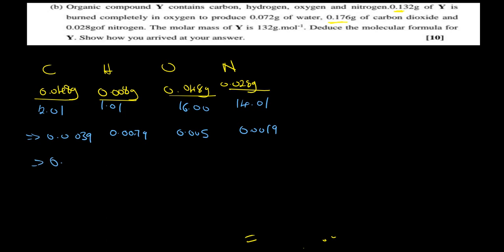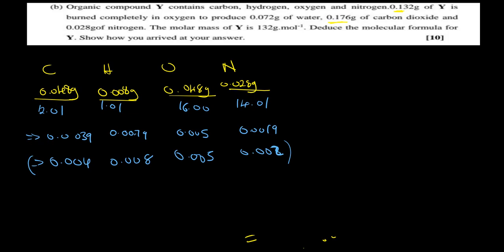So this will be 0.004, this one 0.008, this 0.05, and this 0.002. These are now matching, so I can multiply by 1000. They are just the same; this is the lowest they can be.